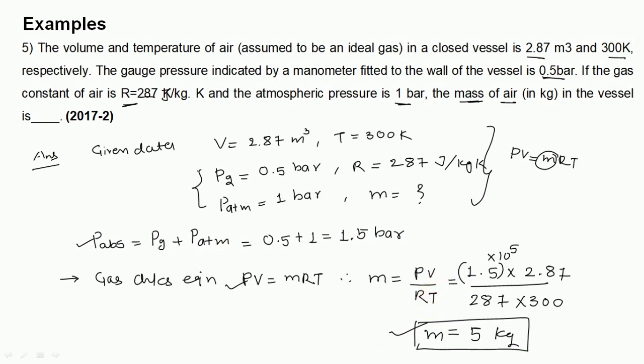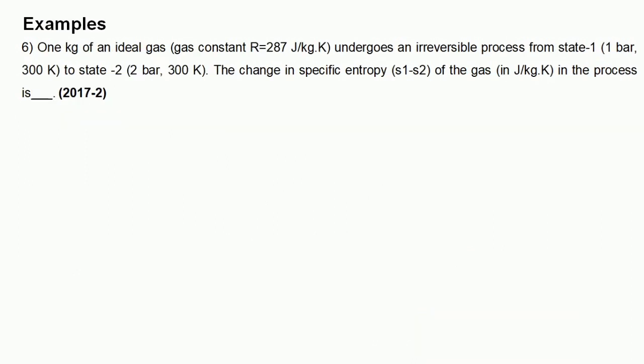Okay. So now let's start with the next example, and here it is example number 6. Here is the example from 2007, set number 2. The given data: 1 kg of ideal gas, mass is given 1 kg, ideal gas, R value is given 287. Irreversible process.